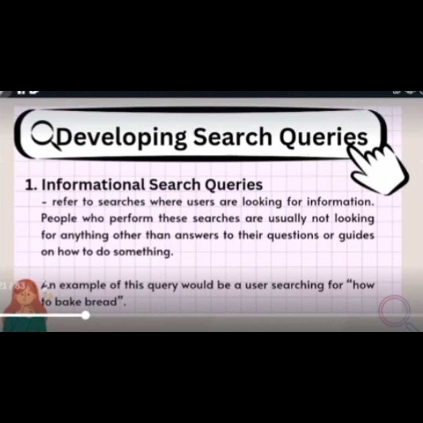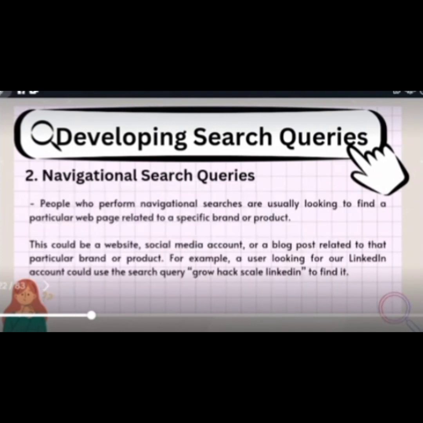For example, if you type in Google how to bake a bread, it will lead you to information on the step-by-step procedure on how to bake a bread.